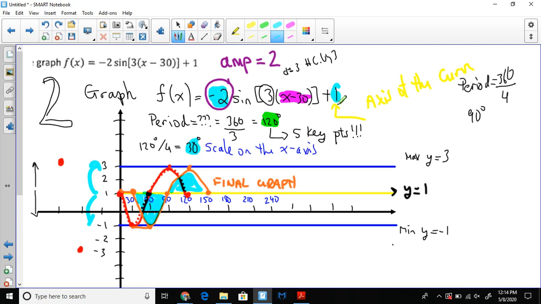I have 1 here, that's my axis of the curve. I know the period is 120, and the gap from 30 to 150 is 120. And I've shifted it correctly from the original graph. Okay? So hopefully that made sense.